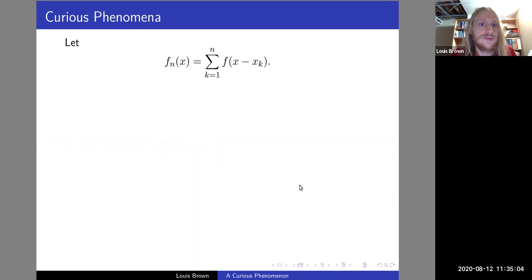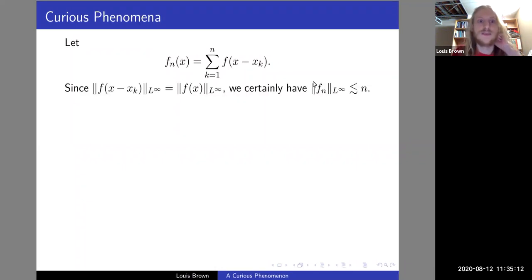So let's look a little bit more at this. If we let f sub n of x be the sum from k equals 1 to n of f of x minus xk, well, the L infinity norm of f of x minus xk is going to be the same as the L infinity norm of f of x. This is just saying that the maximum value of the function is the same if you shift it over a little bit.